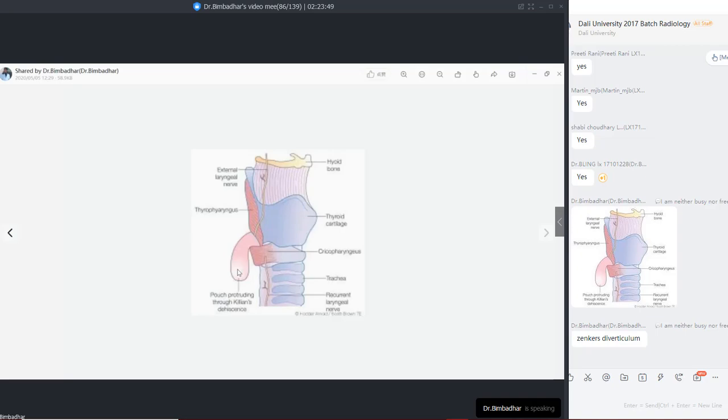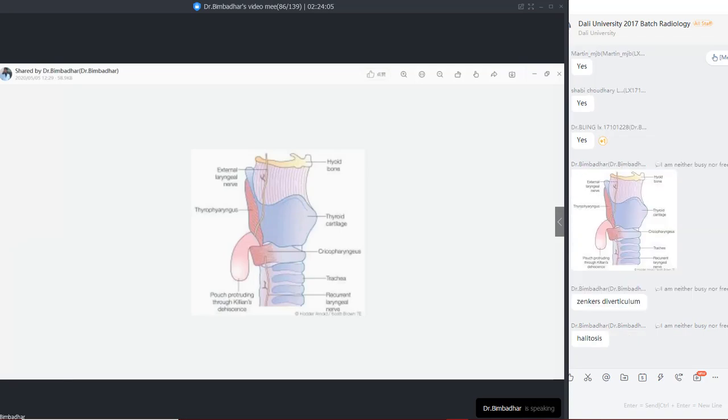If there is rotten food present inside this pouch, it causes bad breath. What do we call that condition? Halitosis. Okay, a new symptom. I think you haven't heard of this symptom till today. Halitosis means bad breath.